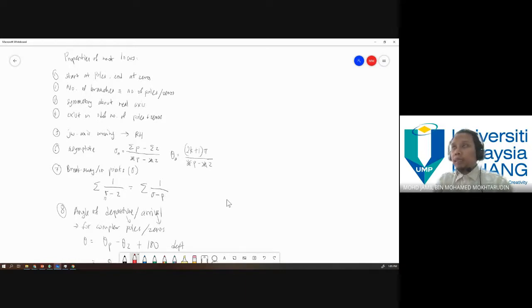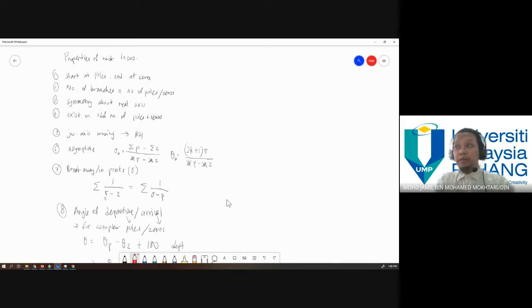Based on project 1, some of you who did MATLAB and calculation didn't validate between the calculation and the MATLAB results that you found using code. If you put in a table or explain why there's a difference between your calculation and MATLAB, you get extra marks. That's why in project 1, some of you got higher marks, some of you got quite low marks, because in MATLAB you just put code without explaining what you are doing.